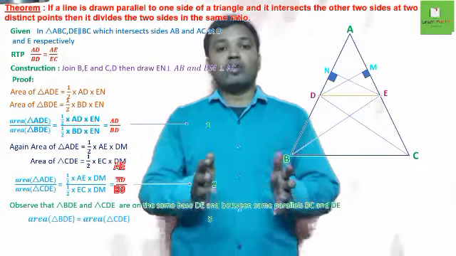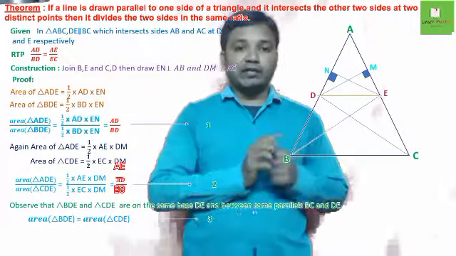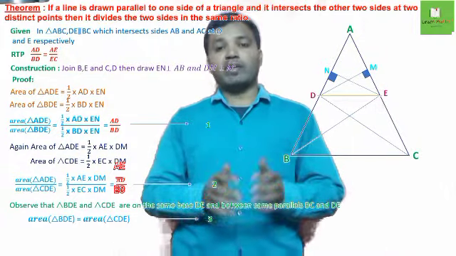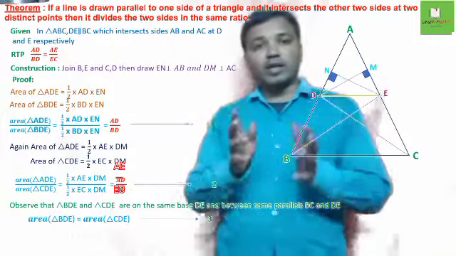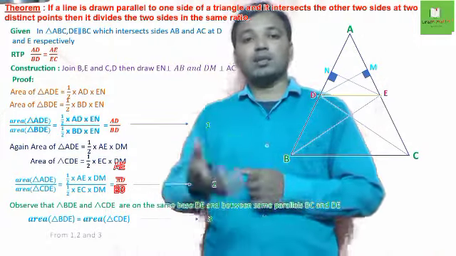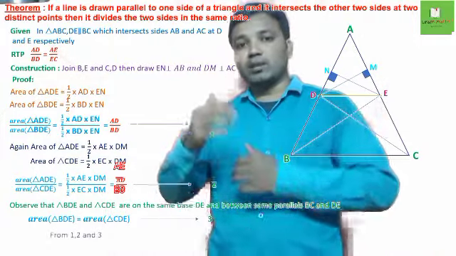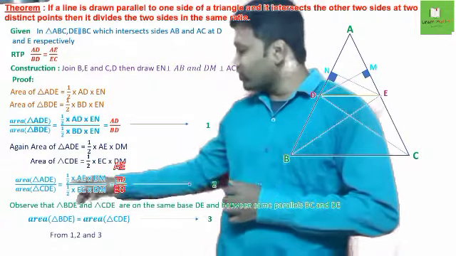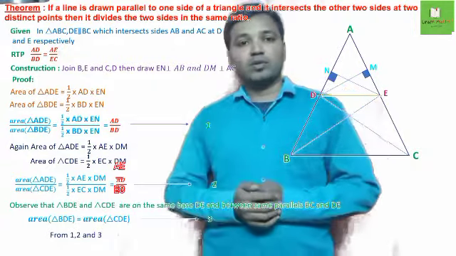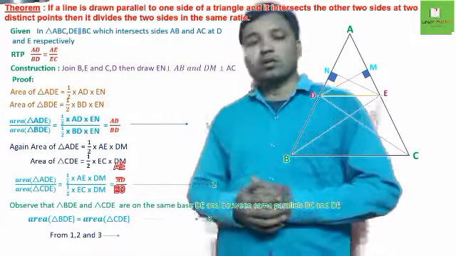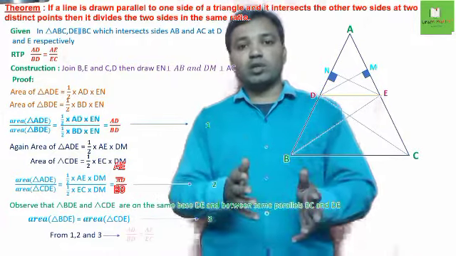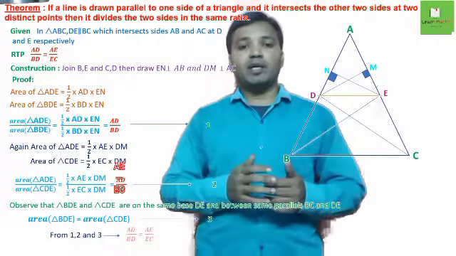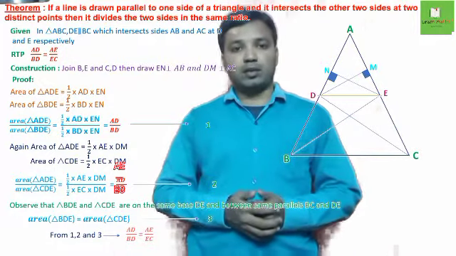Therefore the two areas are equal, and this is the third equation: if two triangles are constructed upon the same base line segment and in between the same parallel lines, then their areas are equal. So from equations 1, 2 and 3, we conclude that AD by DB is equal to AE by EC.